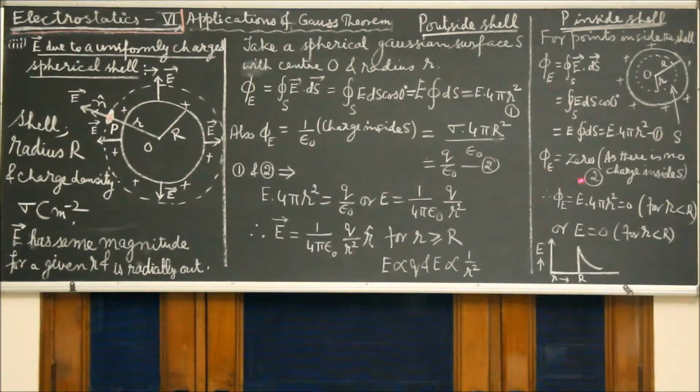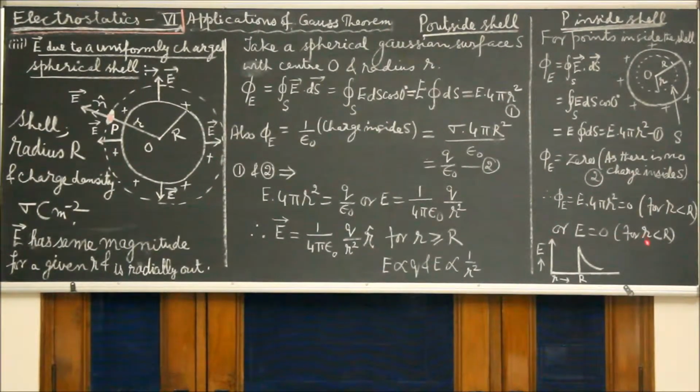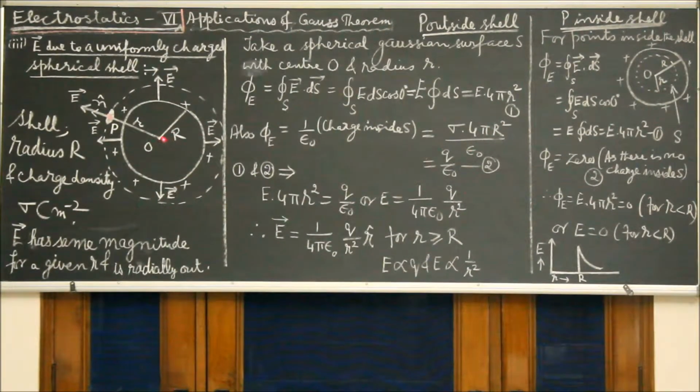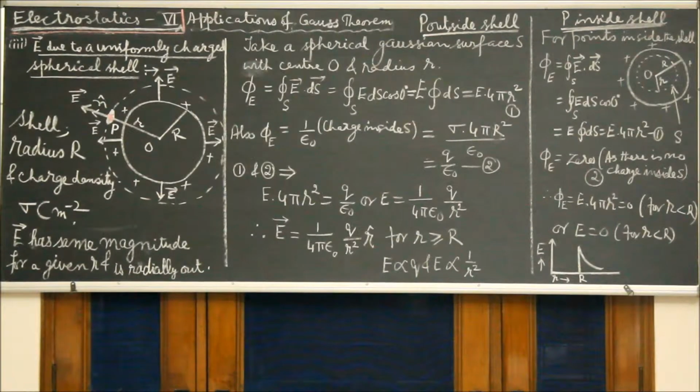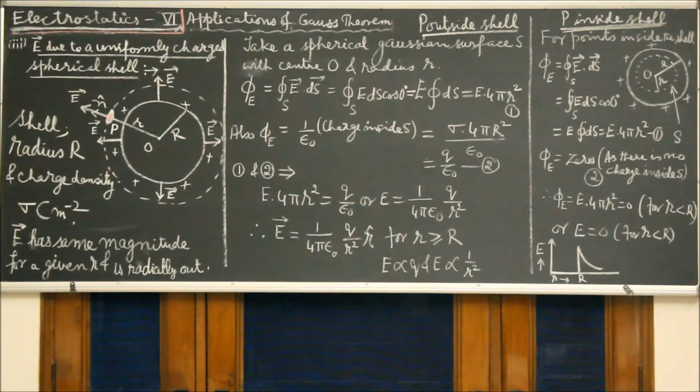So flux phi E will be 0 by Gauss theorem. Comparing 1 and 2, you get E equal to 0 for r less than capital R. Hence, the field vanishes inside a charged spherical shell, whereas outside it behaves as if the entire charge is concentrated at O. Graphically, we can represent the variation in this way.